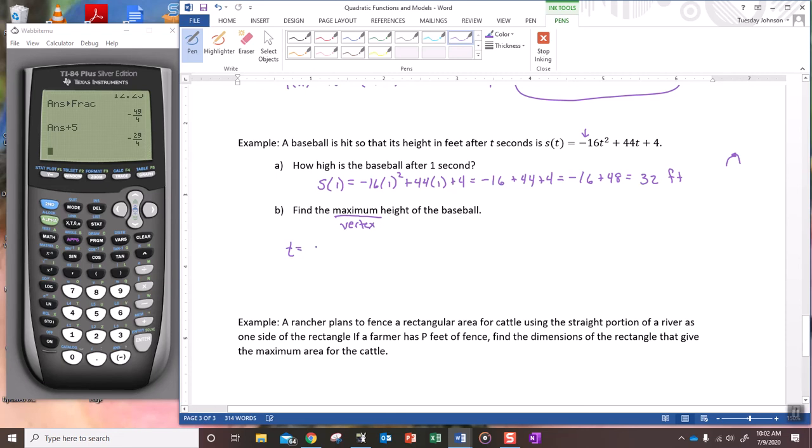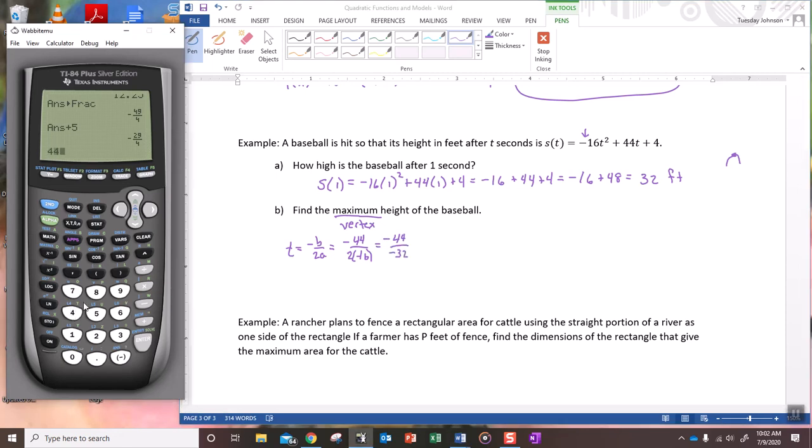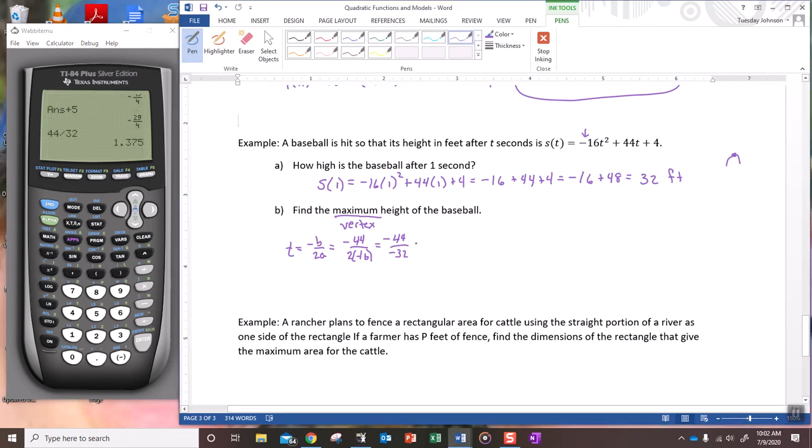So the t value will be at negative b over 2a, which is negative 44 over 2 times negative 16. That's negative 44 over negative 32. Two negatives, when they're divided, will give us a positive. It's at 1.375 seconds that the baseball will reach its maximum height.